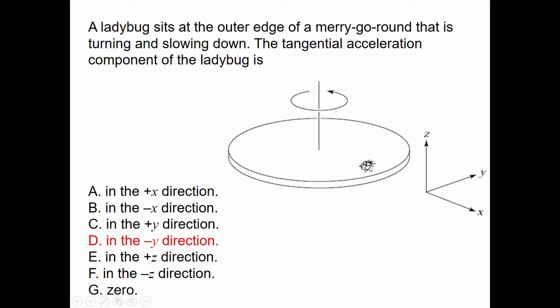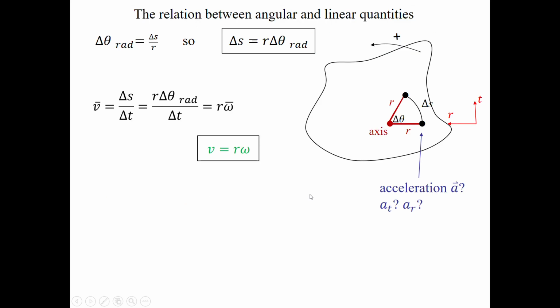If you're accelerating tangentially in the direction you're moving as you go in a circle, you're speeding up. Whereas if you're accelerating back against the direction you're moving, you're slowing down. So in this case, since it's slowing down, the tangential acceleration would have a negative y component, in other words.